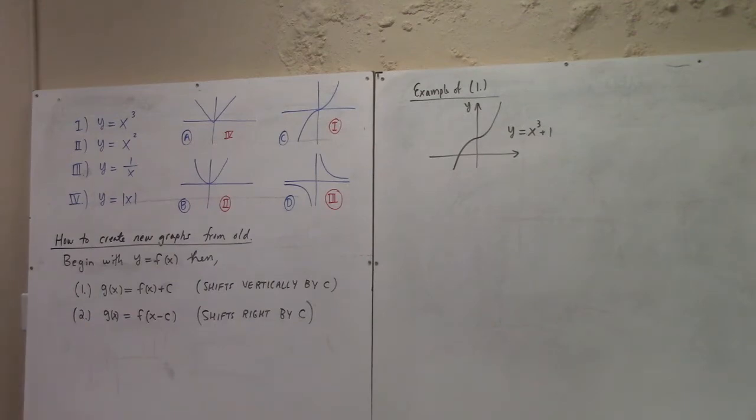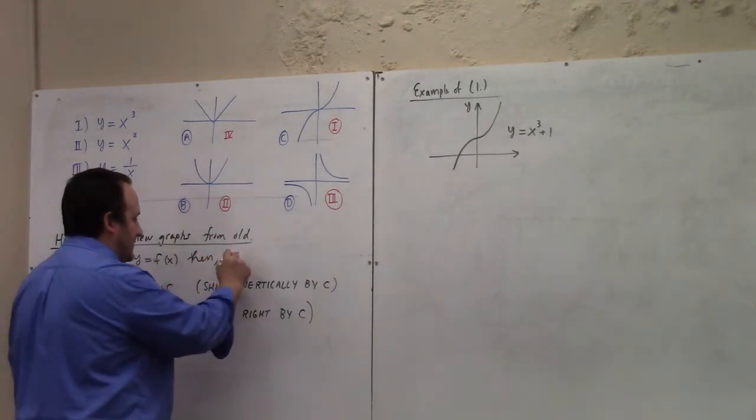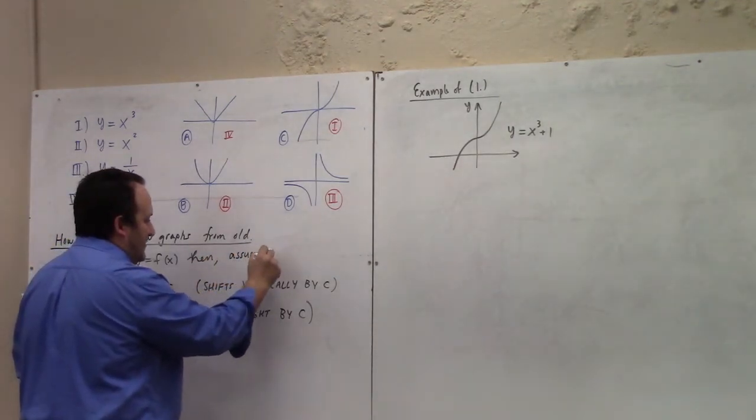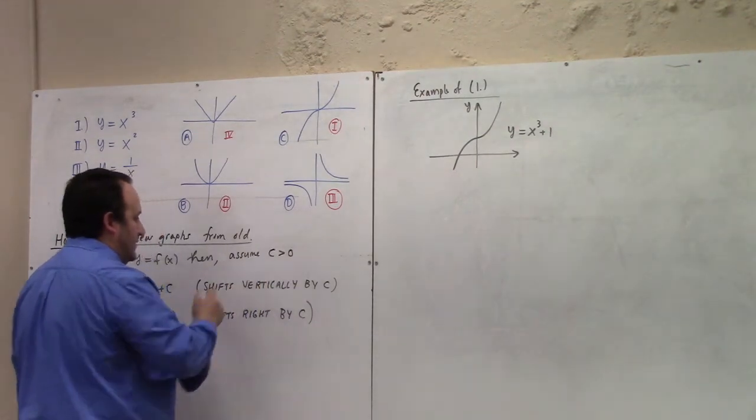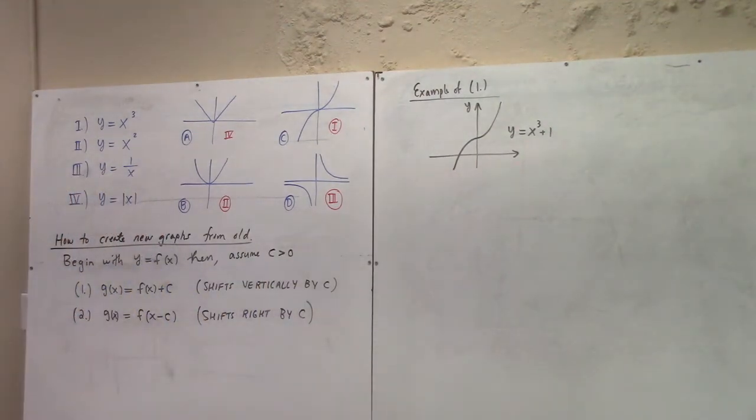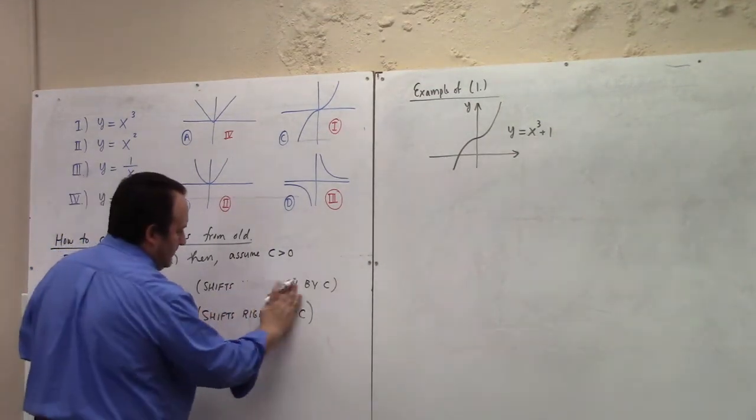And for the sake of, I'm assuming c is positive for this discussion. Just for now, let's assume c is positive. We can think about what would happen if c was negative. If c was negative, it would change upward.